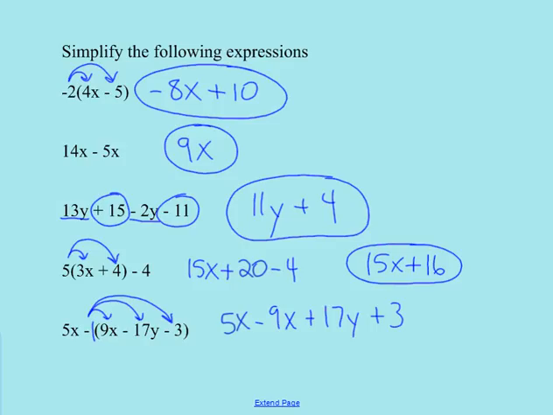Well, the only terms that we have here that are going to be like terms are our x terms right here. So 5x minus 9x would give us negative 4x plus 17y plus 3. And that'll be our final answer because none of those terms are like terms.